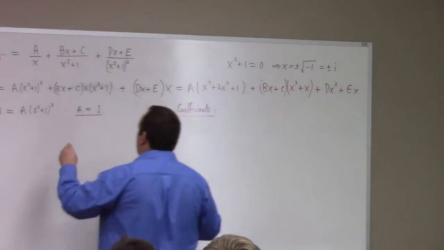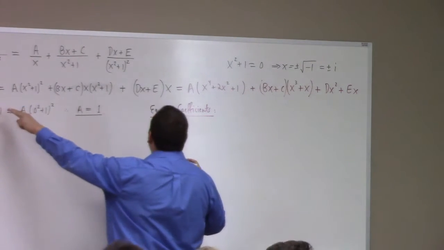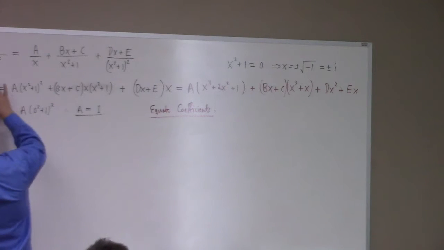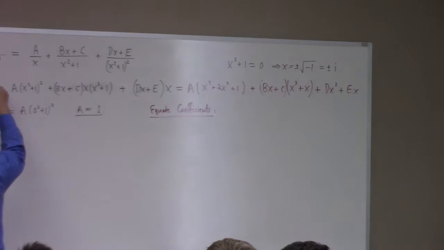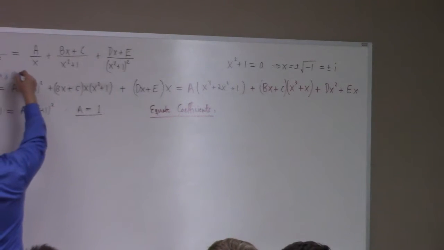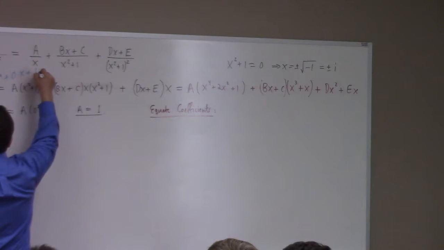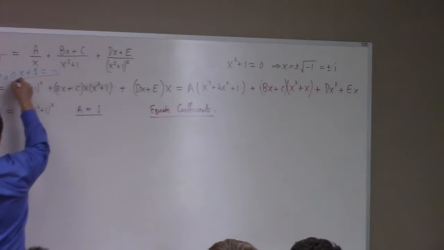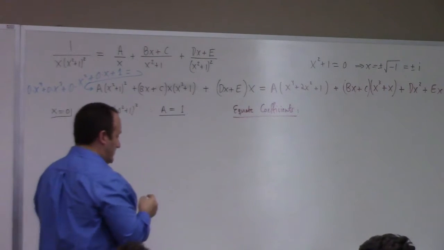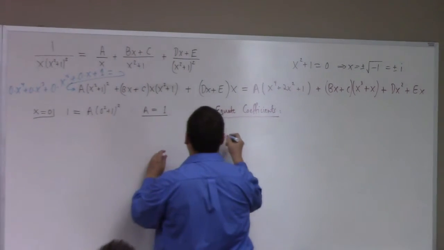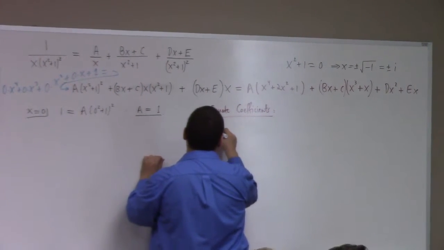So equate coefficients. On the left-hand side, I have 1. But 1 you could rethink of as 0 times x to the 4th plus 0 times x cubed plus 0 times x squared plus 0 times x plus 1. Right? So, if I look at the coefficients of the constant term, what's that give me?